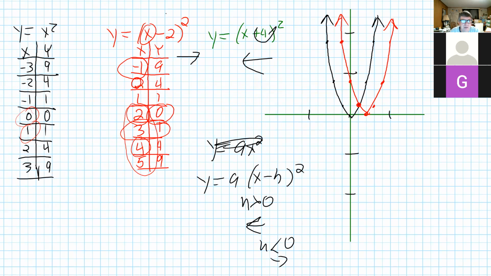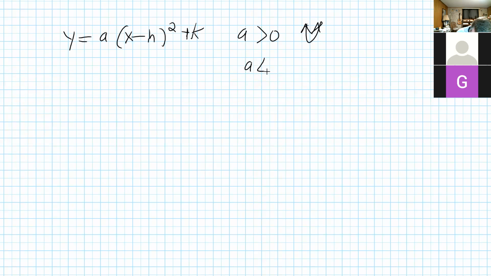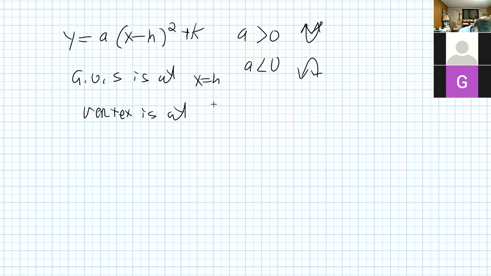If we've got something in the form of y equals a times x minus h squared plus k, if a is greater than 0, the graph opens up. If a is less than 0, the graph opens downward. The axis of symmetry is at x equals h, and the vertex is at h comma k.